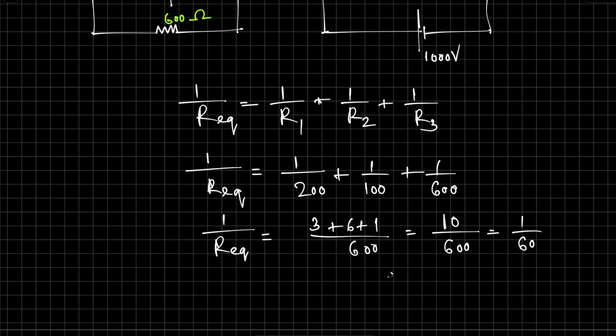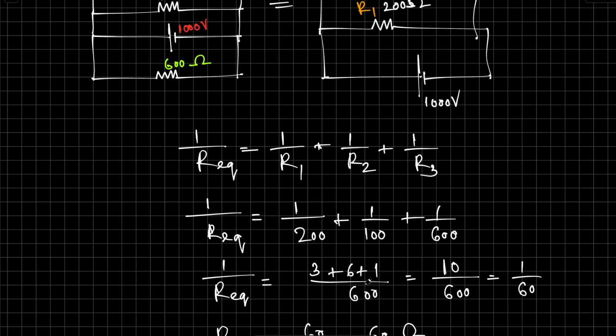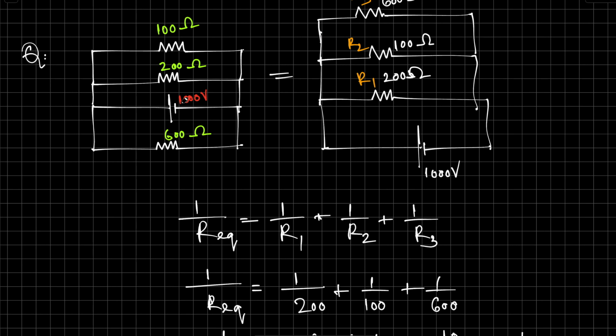Again, this is 1 over Req. We need Req, so flip it. 60 over 1 or 60 ohms. Equivalent resistance of this parallel circuit is 60 ohms. Or we can replace all the three resistors with a single 60 ohm resistor and the circuit behaves the same.